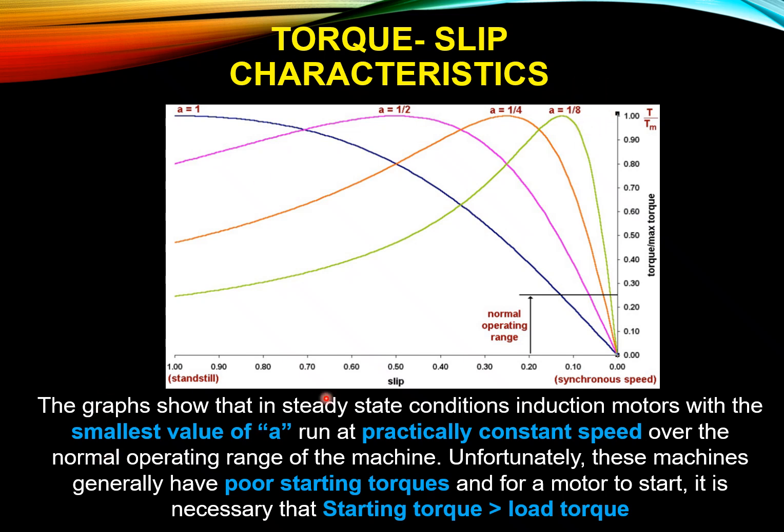So we can see from this graph, in steady state condition, the induction motor with the smallest value of a. Out of all these, the smallest is a equals 1 over 8, and it runs at practically constant speed in the normal range of the machine. But even though it's a constant speed, it has a poor starting torque. Torque is only 0.3.